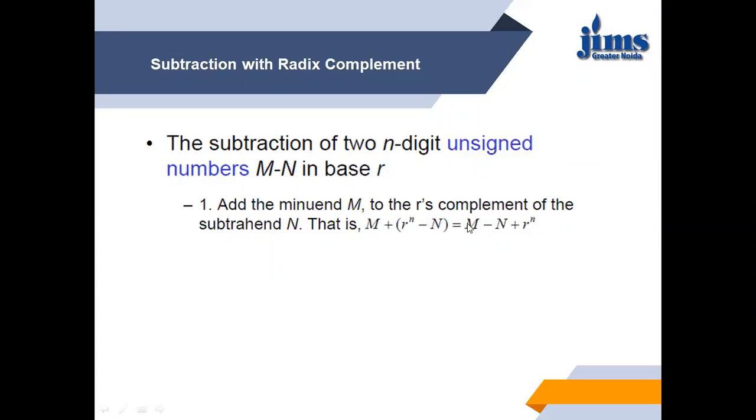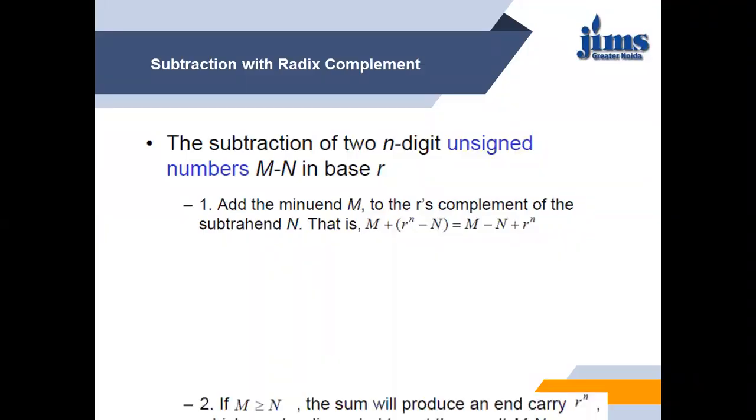So the resultant will be m minus n plus r to the power n. Here the algorithm is tough. You need not remember the algorithm. When we come to the example, it will be very easy to see how to do the subtraction with the help of r's complement. We can use both methods, r's complement and r minus 1's complement, to find the subtraction.